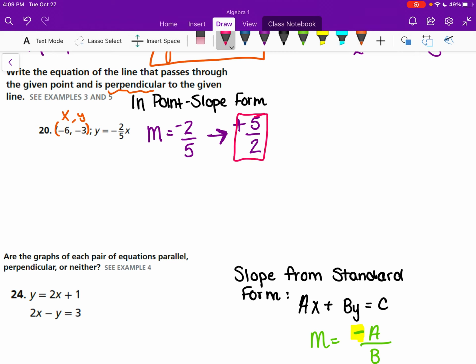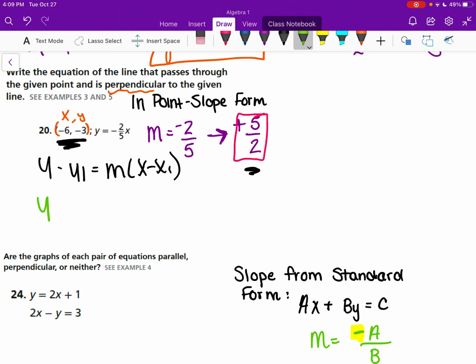And if the question doesn't specify what form you need, you can write it in whatever is easiest for you. If I see a point and I know the slope, I'm going to write it in point-slope form: y minus y1 equals m times x minus x1. I do the opposite of y1 and x1, and plug in my slope.